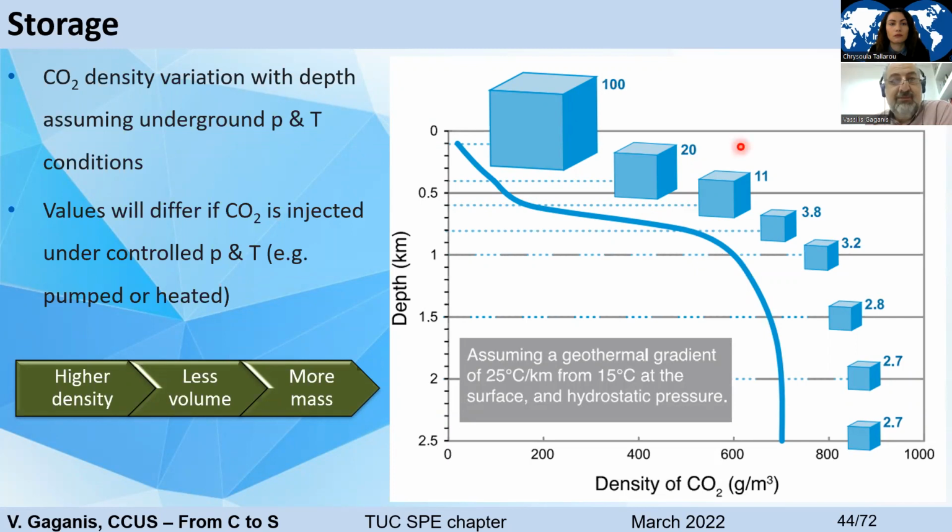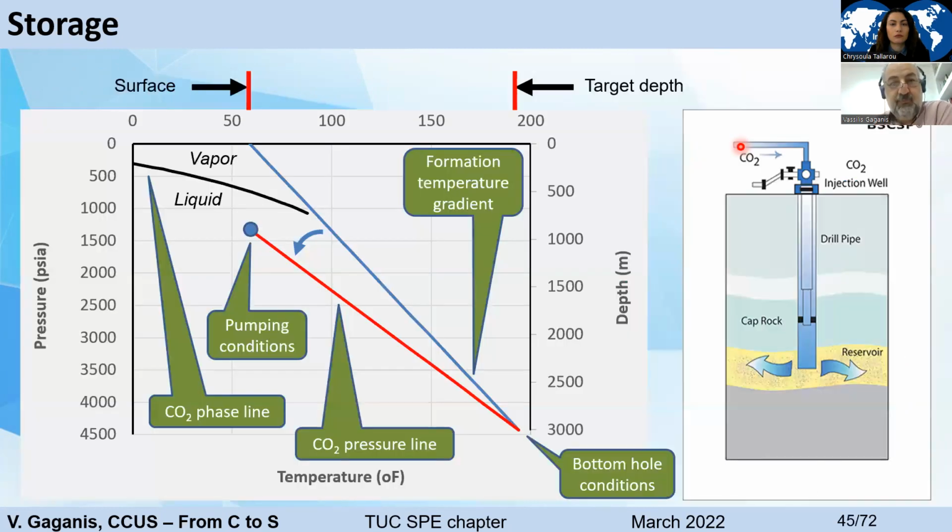Okay, so now we have some understanding about the variation of density with depth. Let's use it to run some simple calculations. Let me direct you with this chart. Here is a typical well that we might use in order to inject the CO2. CO2 needs to be injected by means of compressors.